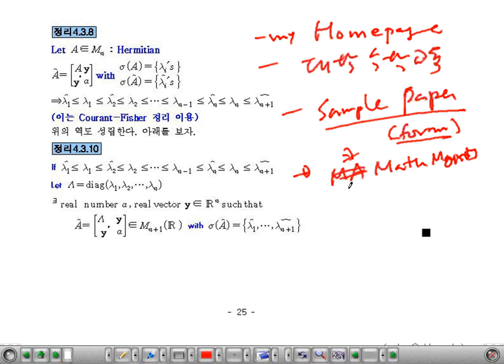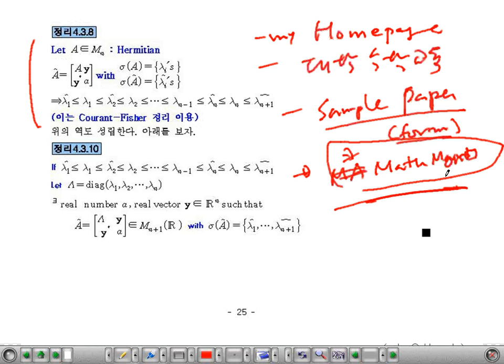Its sample form is a Math Monthly paper about these interlacing theorems, written by Professor Seokkeun Hwang recently. You will see. Okay. So these are still very interesting facts, which we still study.